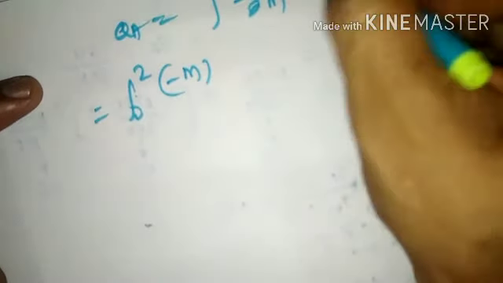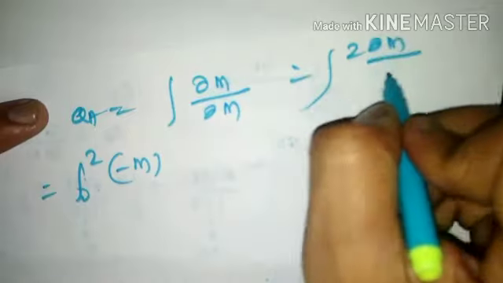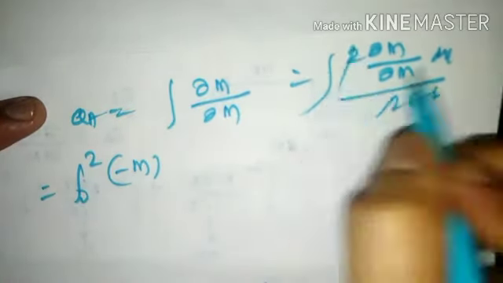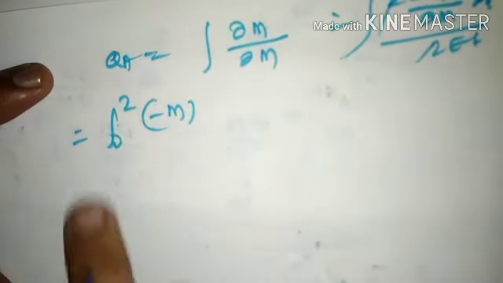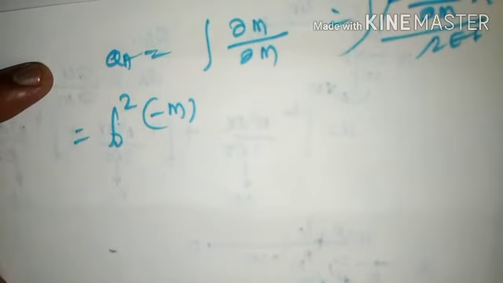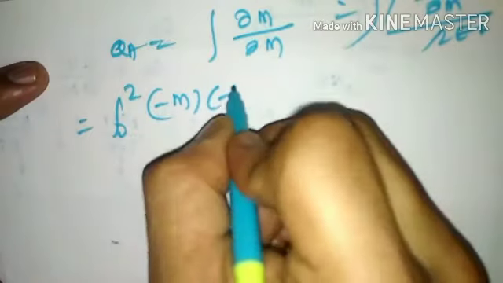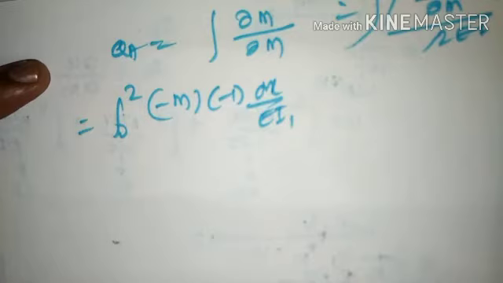So if I write it here, this will be 2m ∂m by ∂m dx divided by 2EI. So 2 gets directly cancelled, and for that reason I am not writing down any expression of 2 onwards as a coefficient here. So this will be the first term, 2m ∂ into minus of 1 dx divided by EI1. That is the first expression.